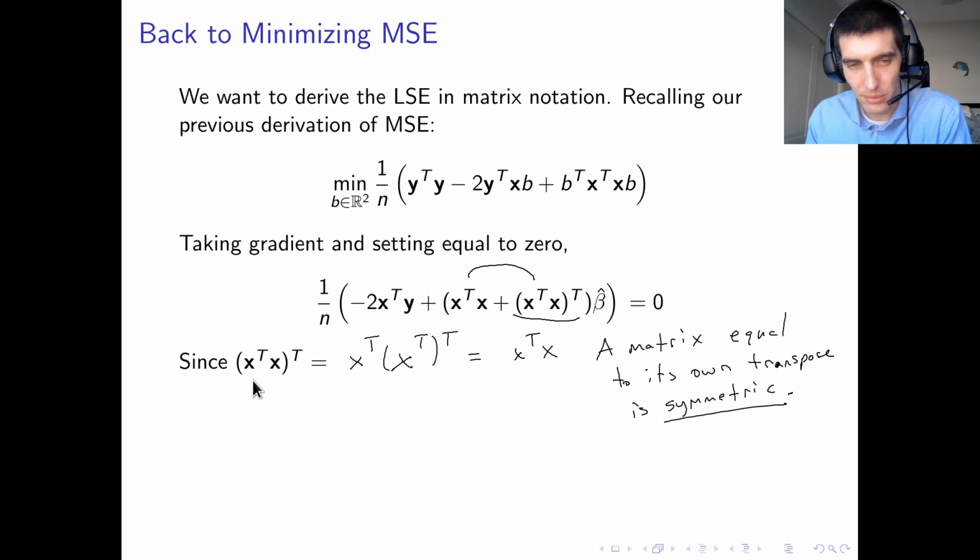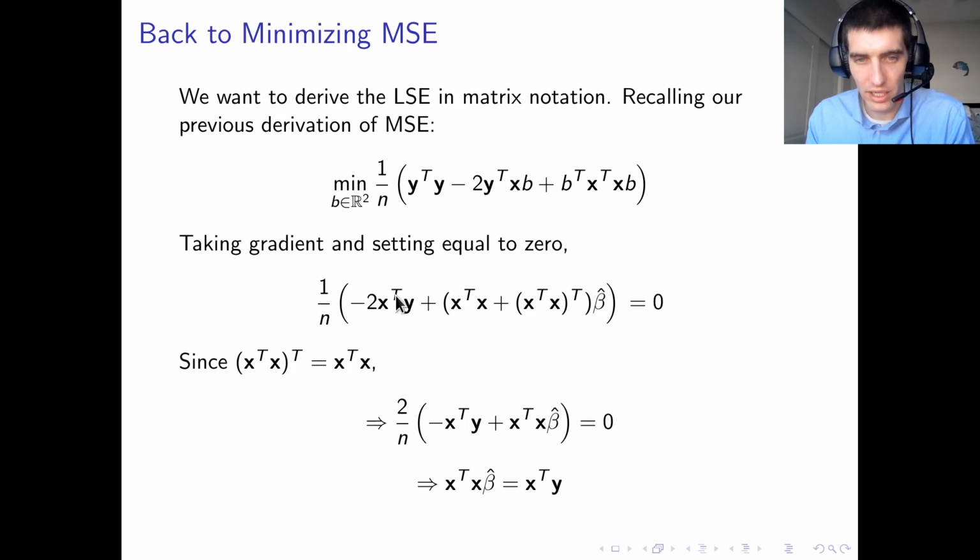So this x transpose x matrix, because we've shown that when we take the transpose, we get it back, is symmetric. So this allows us to combine this thing here. We get twice x transpose x beta hat. I can pull out the 2 from both of them now because we combine and get a 2, so I'm left with 2 over n, this piece here, and then again this x transpose x piece.